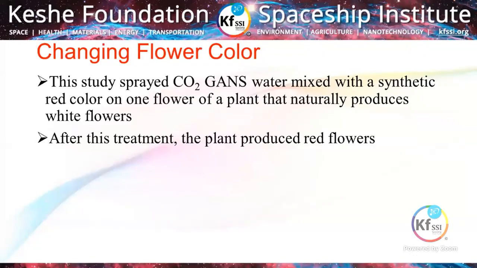Okay. Then, is the color of the red which you sprayed on, and then the plant became a red flower, close to the other color of red, which originally is red? Yes. Okay. So this confirms the research we've done in the past.